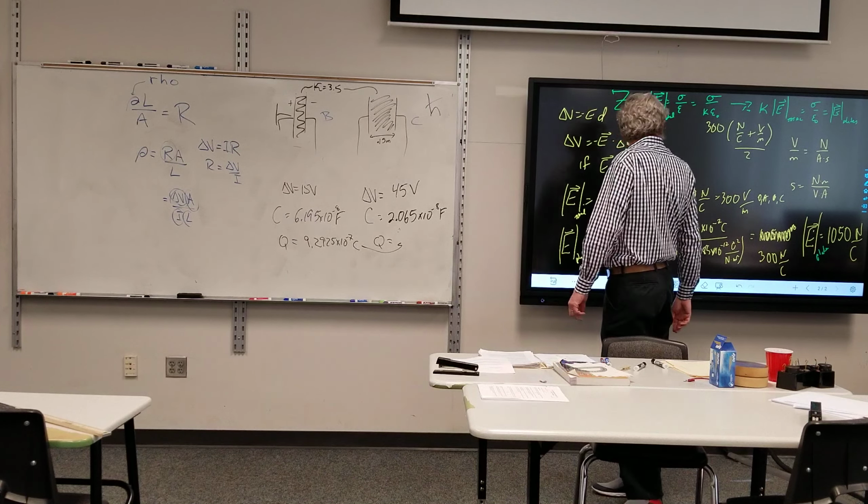So my resistivity for A is my voltage, E, times my area, which is pi x squared over 4, times my current of 2I, times my length of L. So I get pi over 8, then E x squared over IL.